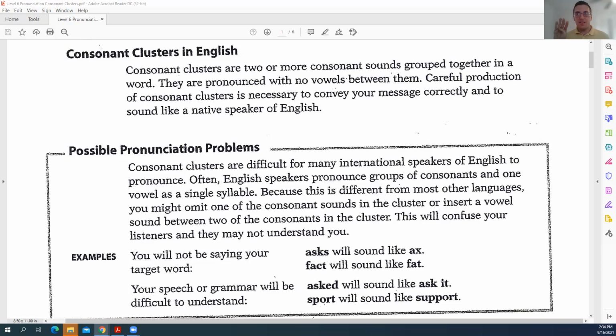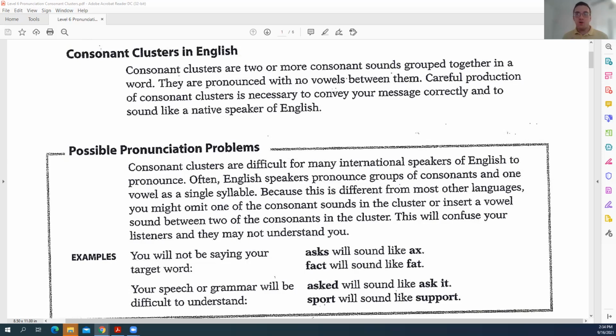Asks. That's four sounds, one vowel, three consonants. Asks, one syllable. If you accidentally leave out the first S sound, asks will sound like acts.